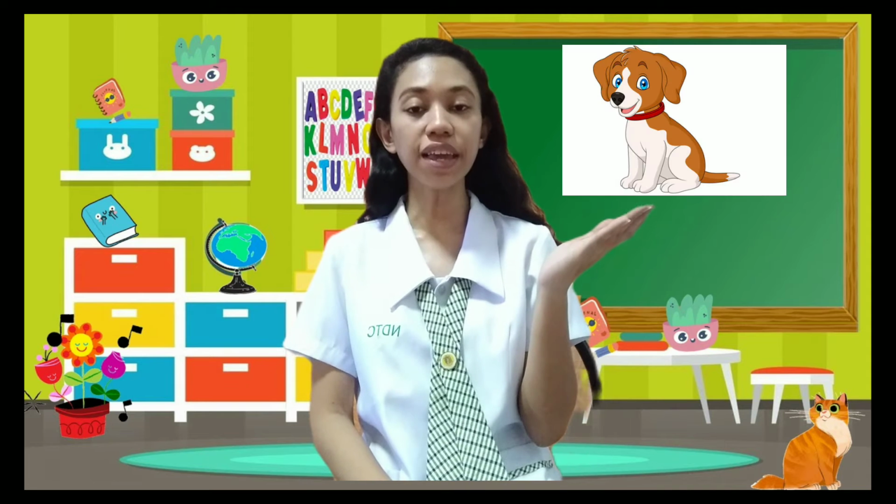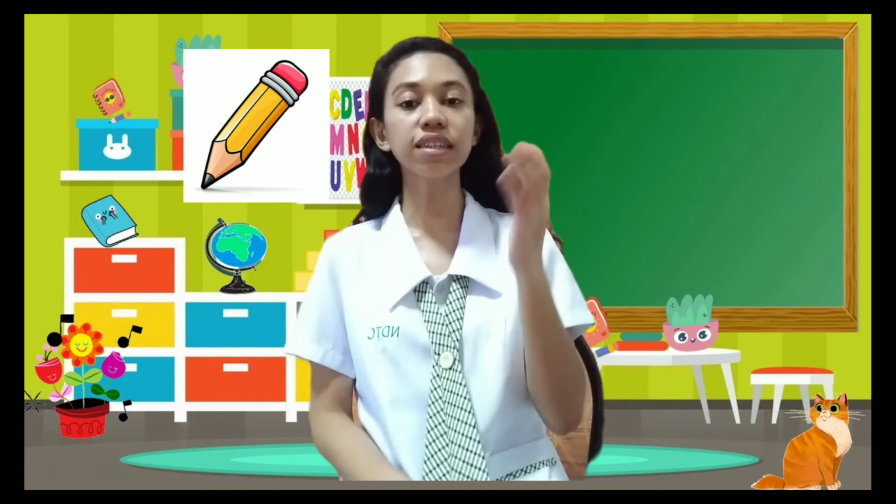Number 1, class, what thing is it? Very good. How about this thing? Very good. So this thing? Very good. How about this thing? Very good. How about this? Very good. And lastly, how about this thing?